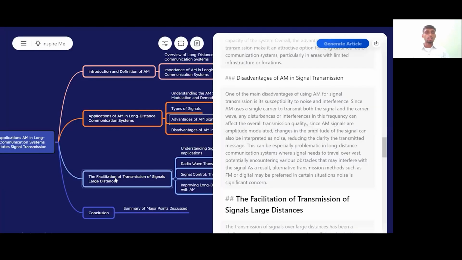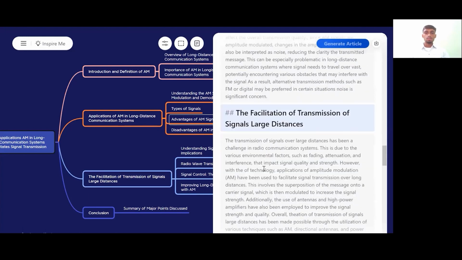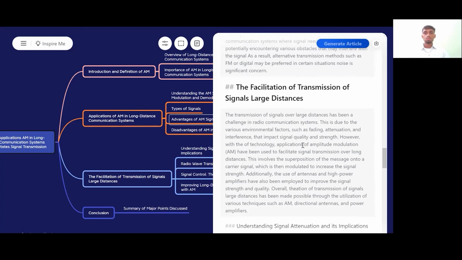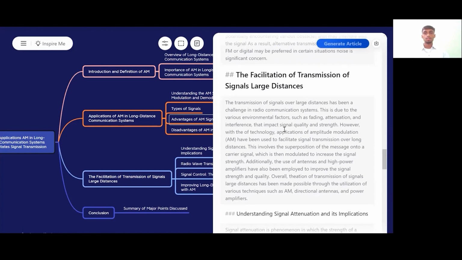Next, I am going to explain the facilitation of transmission of signals over long distances. The transmission of signals over long distances has been a challenge in radio communication systems. This is due to various environmental factors such as attenuation and interference that affect the signal quality and strength.